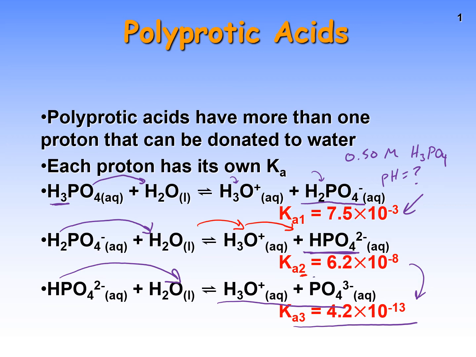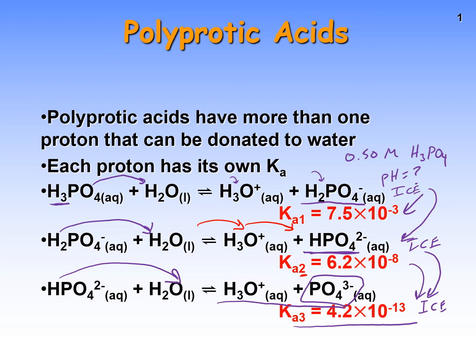However, if we wanted to know how much PO4 3- was present, we would have to do an ice table here, use the results from this ice table for an ice table here, then use those results for an ice table here, and finally get our answer, like we did with our weak acid mixture where we had two weak acids mixed together. So this is a very tedious problem, but doable based on what we've covered.